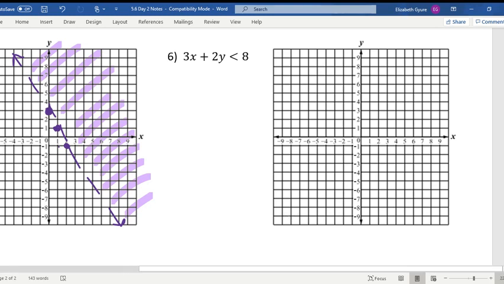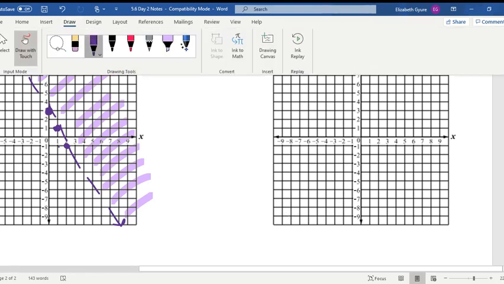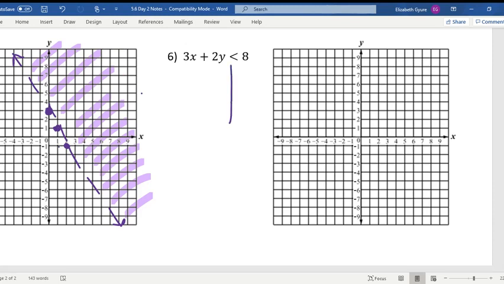So we are going to put our bar, because we need to rearrange this, into a y and then mx plus b on the right, I'm sorry. So again, the only thing we want on the left is the y value. That's it. That's all we want there. So 3x.